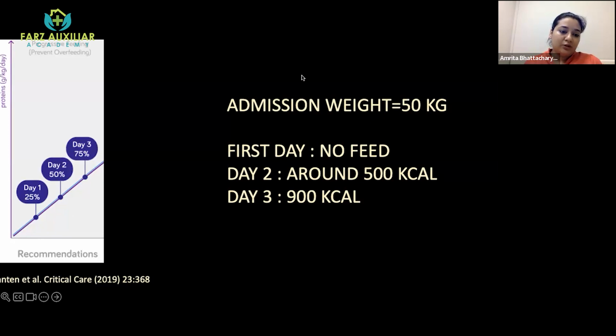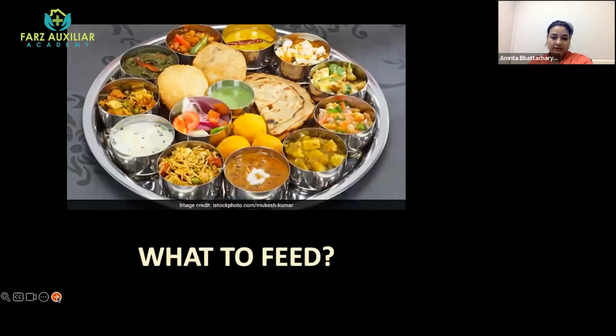This will not only help you prevent overfeeding, but it will also help with patient tolerance. If you remember that patient, the first day we were not able to feed him. On day 2, we gave him around 500, and on day 3, around 900 kilocalories. So that was the patient.